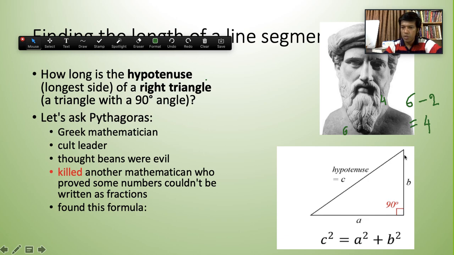That's why we will call it one side and another side. So the sum of the squares of two sides is equal to the hypotenuse square. It looks very simple, but it is very important. You will be using it in many places. This is the famous Pythagorean formula.